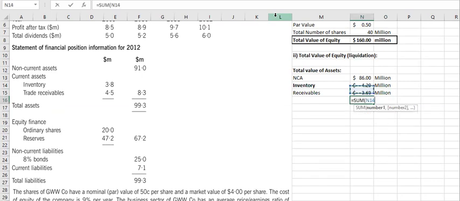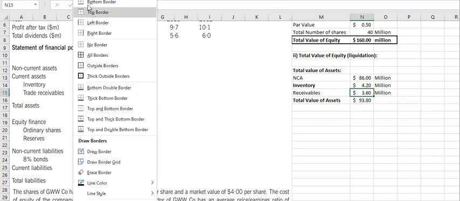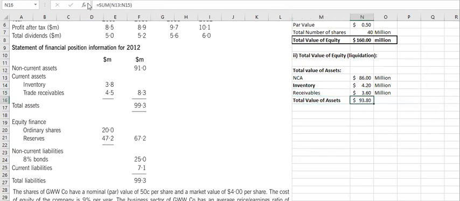And let's add all these three values. So we'll get the total value of assets: $93.8 million. Now that's not the value of equity, that's the value of its total assets. For calculating the value of equity, we have to subtract the value of debts. There are two types of debts given in the question: the non-current liabilities and the current liabilities.